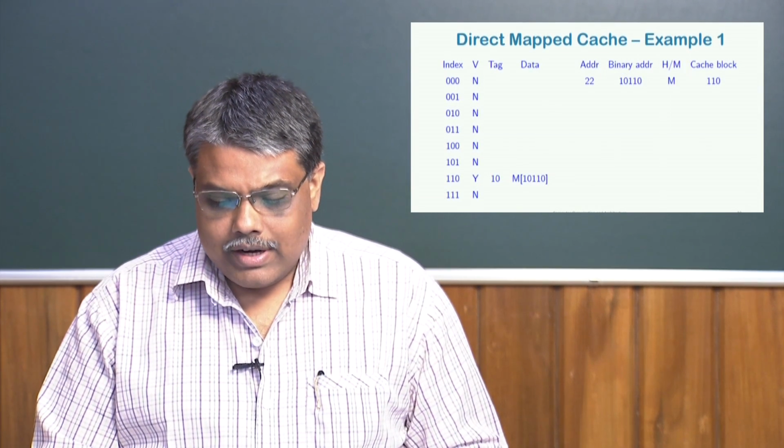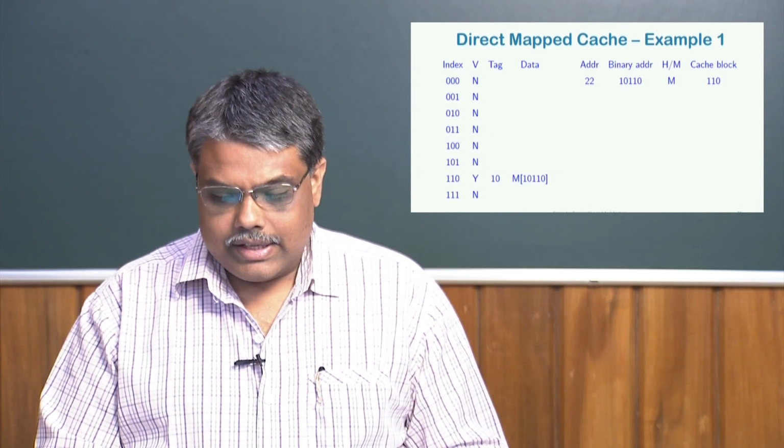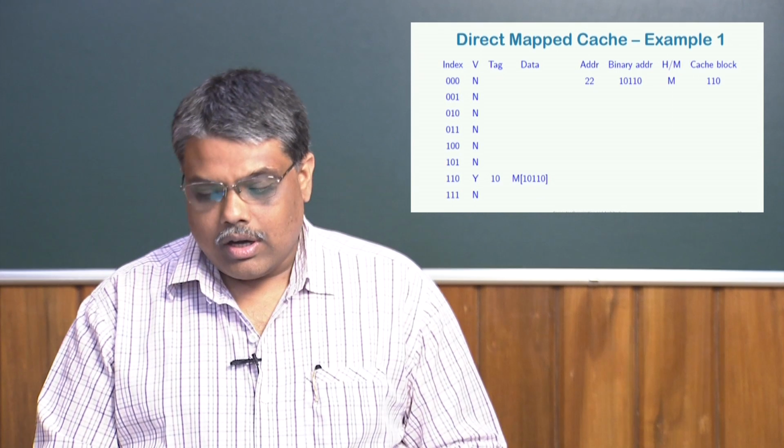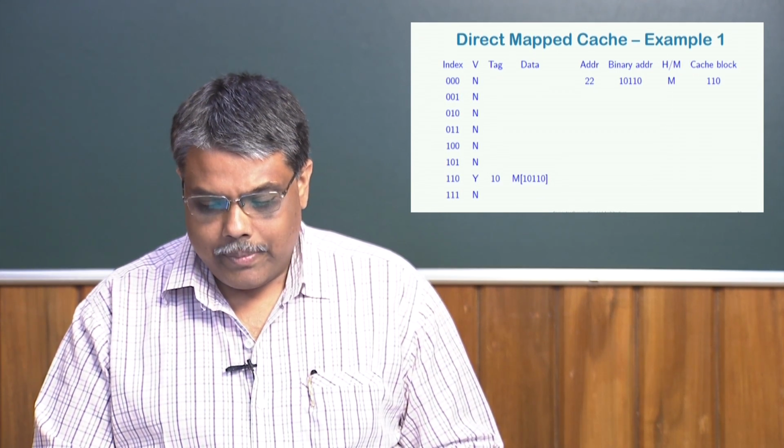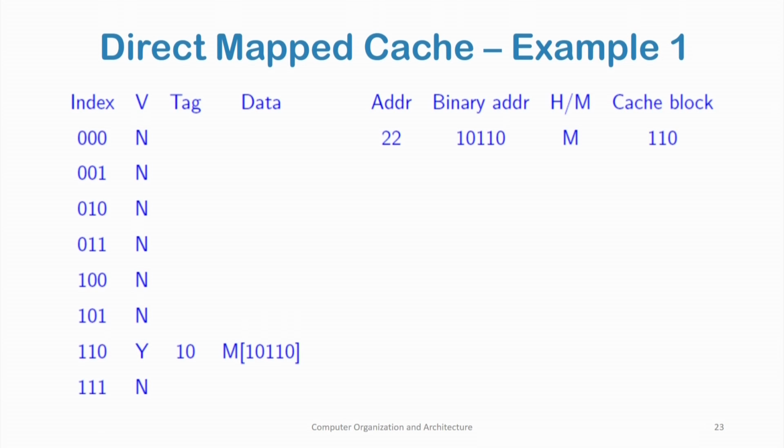When the first address 22 is accessed, the corresponding binary address is 10110. We have 8 lines in cache, so the least 3 significant bits identify the cache line, and the 2 most significant bits become the tag bits. We have a miss in cache because the cache is initially empty.